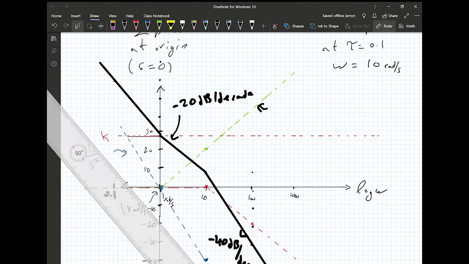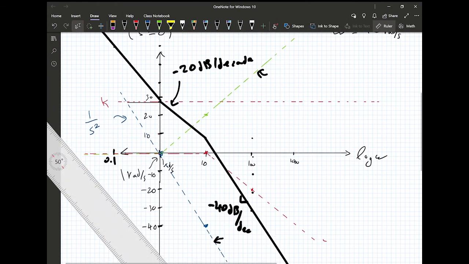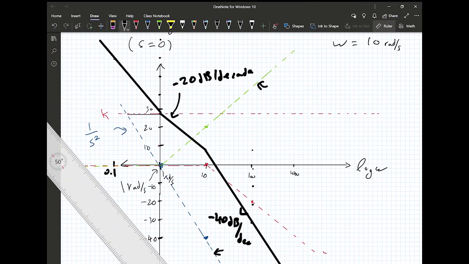Okay, so this is the correct magnitude response, right? Because before, under 1 rad per second, my mistake was that I already considered the gain K. But there's not only the gain K, the double pole at the origin exists too. So we start with the double pole, which is minus 40 dB per decade. Once we hit 1 rad per second, that's when the zero acts up.